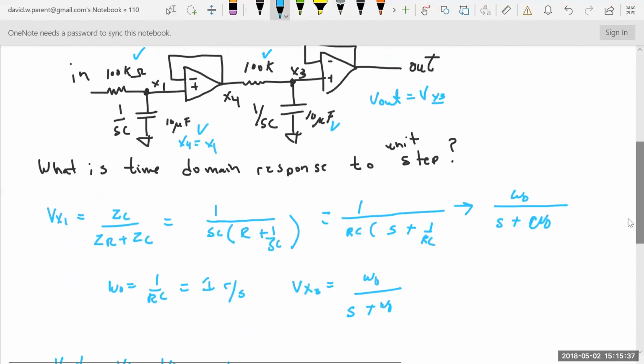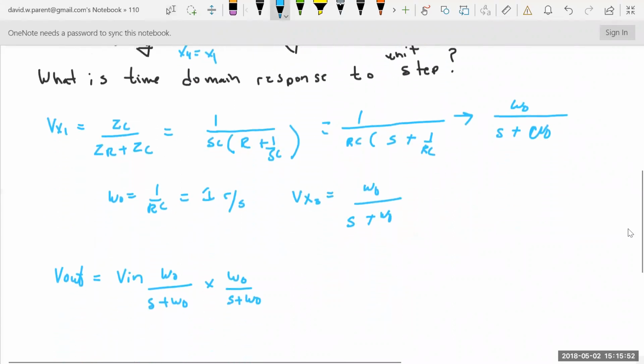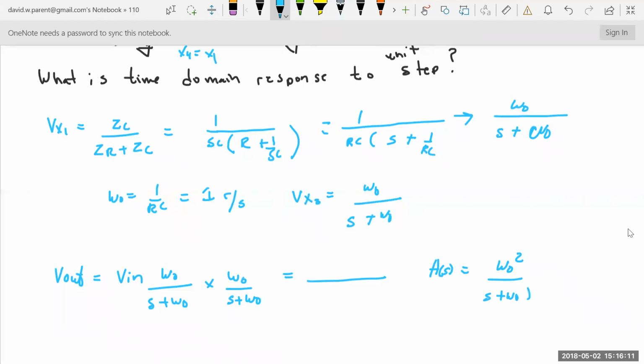So the beauty of op-amps in the Laplace domain is I find this transfer function, I find this one, and multiply them together, right? That's how I get to here, right? You should be pretty familiar with that. So the transfer function would be omega naught squared over s plus omega naught, squared.